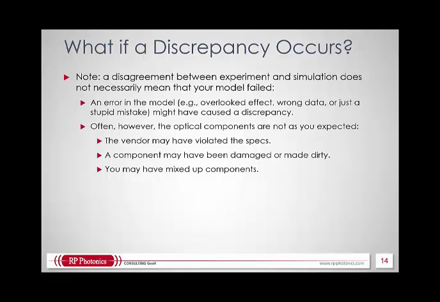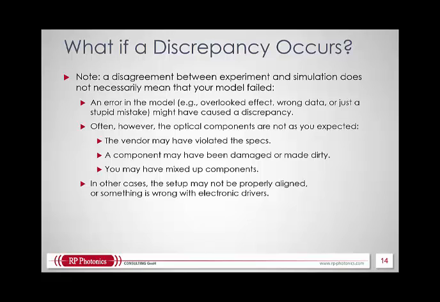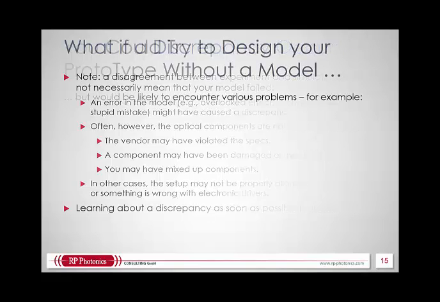Often, however, the optical components are just not as you expected, because the vendor may have violated the specifications, or a component may have been damaged or made dirty. You may also simply have mixed up some components. In other cases, the setup may not be properly aligned, or something is wrong with electronic drivers. In any case, keep in mind learning about a discrepancy as soon as possible is useful.